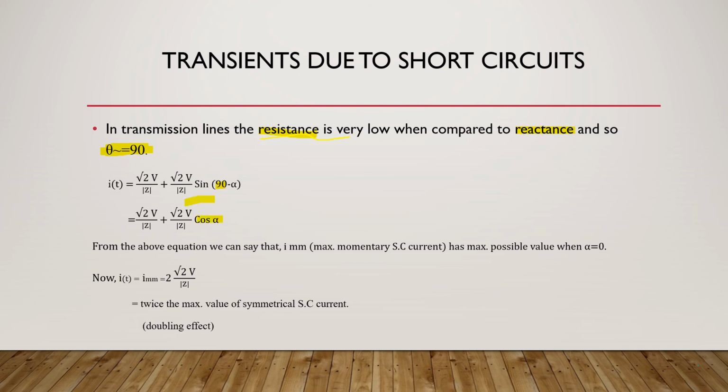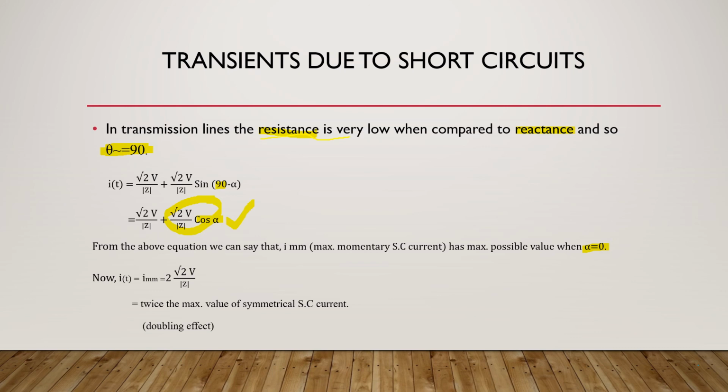Still, is this our maximum value? No. This involves cos alpha, and the cos function has a limit of minus 1 to plus 1. So cos alpha is going to be maximum when alpha equal to 0.